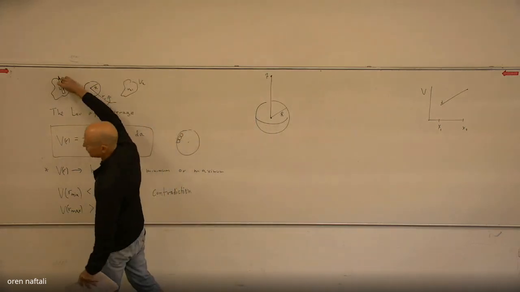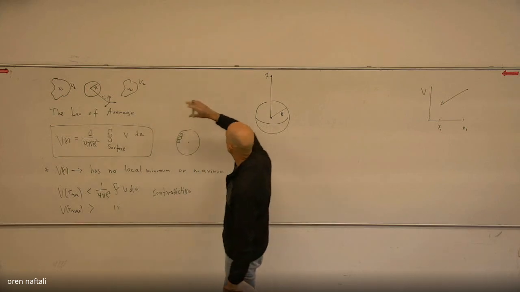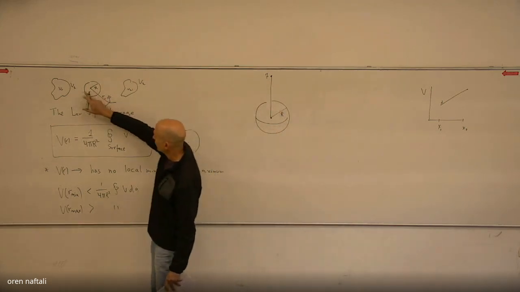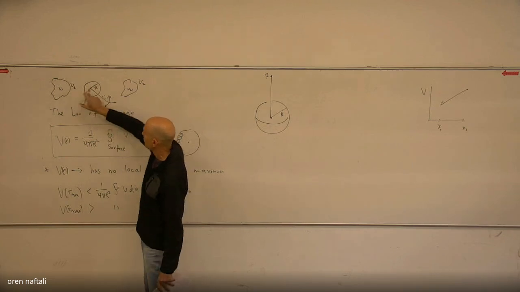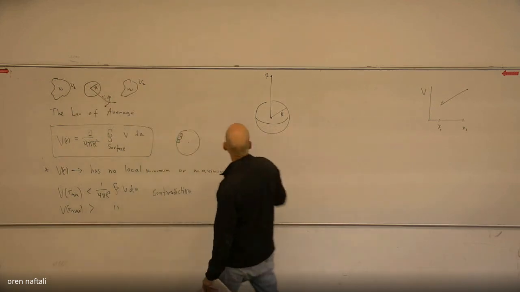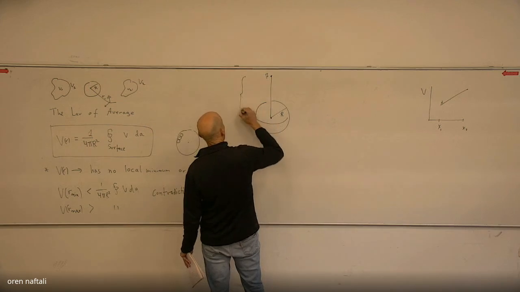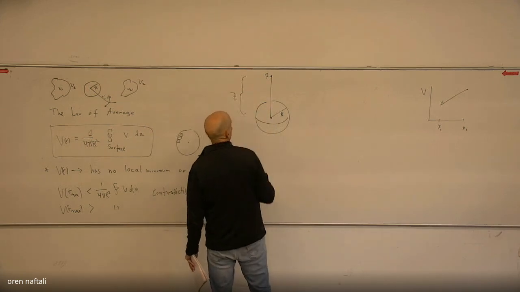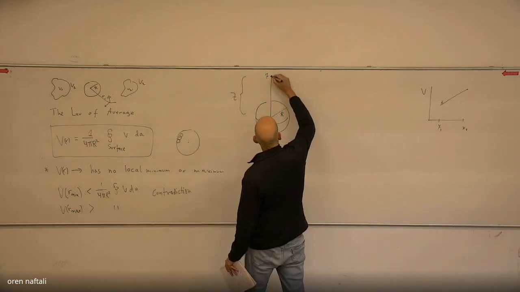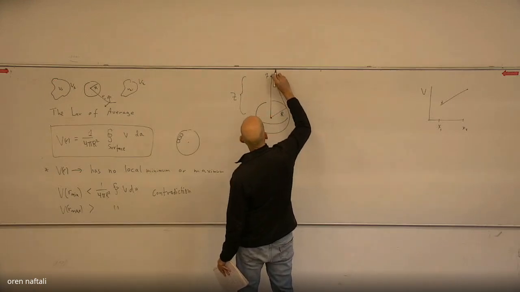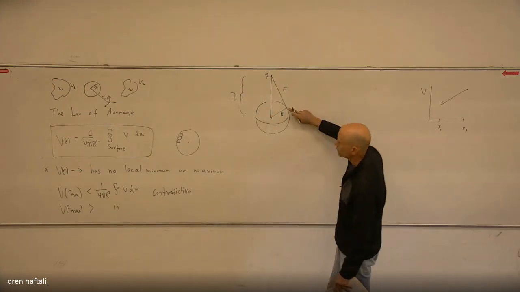I'm putting one charge; this charge will eventually walk from here to there, and then you'll have another one, etc. So this distance we're going to call z, and then this distance, from the charge to the surface of the sphere, I'm going to call r.